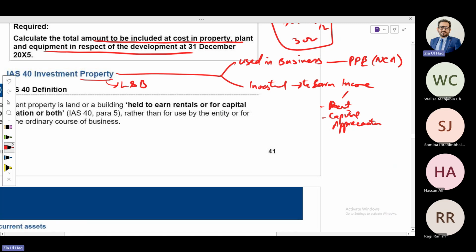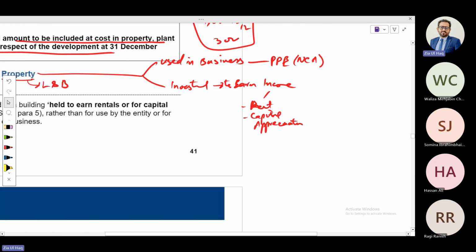We are having some property, meaning in business we had enough funds and we invested into a property, and from that property we are generating rental income, or we have kept that property so that in future the value will increase and we can earn something through capital appreciation. So that investment property should not be treated as property, plant and equipment. It should be treated as a separate asset called investment property.